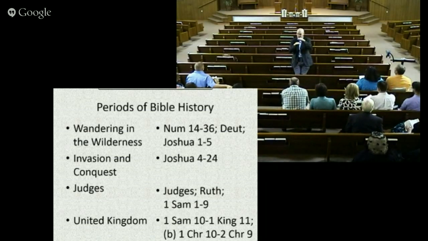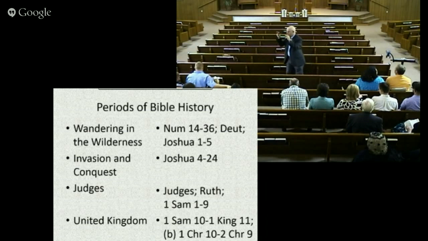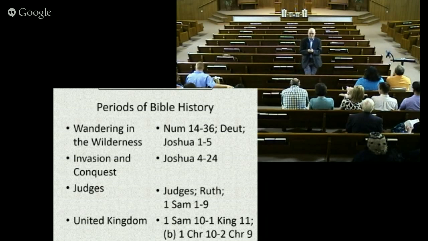There's a parallel story of the United Kingdom given in the books of 1st and 2nd Chronicles. So it doesn't take the place of 1 Samuel, 2 Samuel, and 1 Kings, but it's a parallel to it. So we call it the B plan, if you want to go through there. So we get 1 Chronicles 10 through 2 Chronicles chapter 9. It's also involved in the United Kingdom.